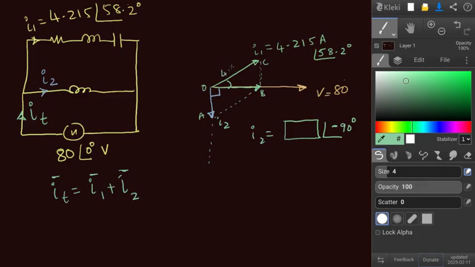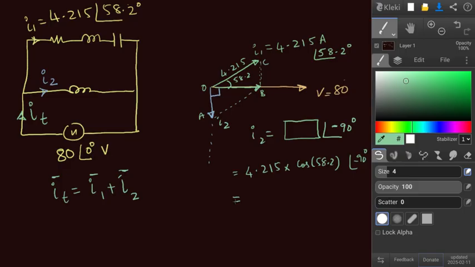This length is 4.215 and this angle is 58.2. So 4.215 multiplied by cos of 58.2 at an angle of minus 90 degrees. I'm solving the problem graphically, but you can also solve it in various other ways.